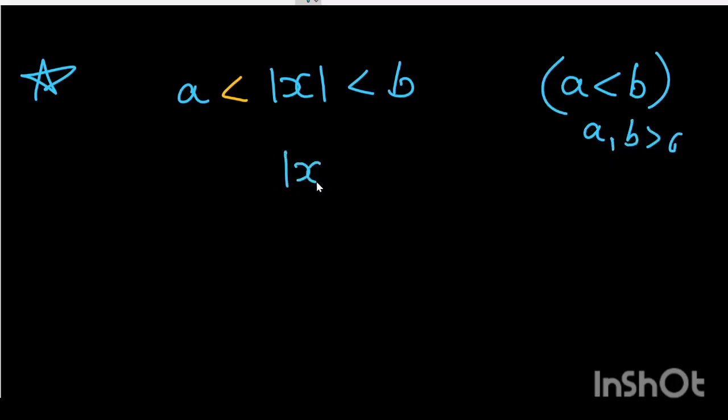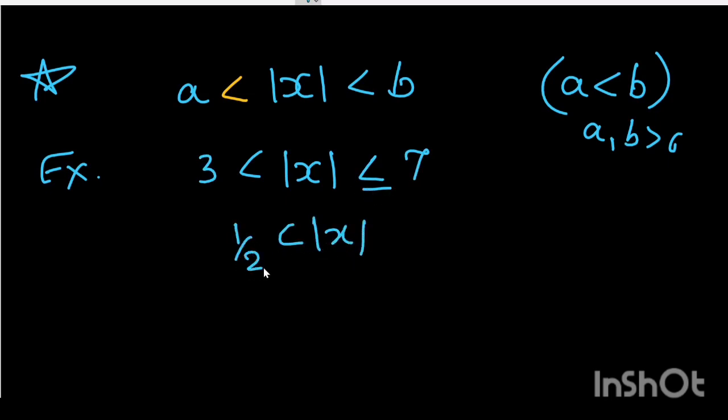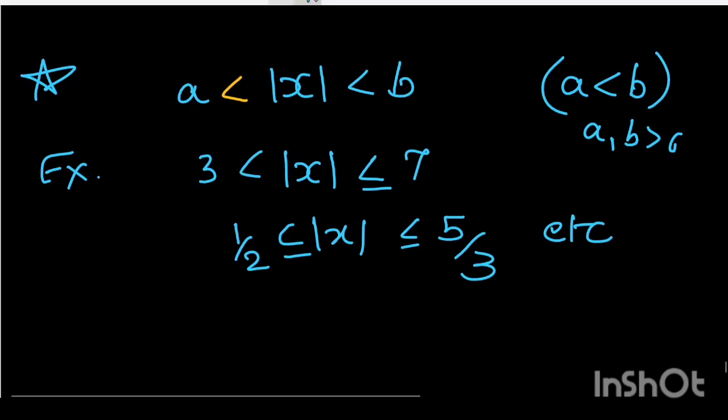For example, if they ask what is the solution of mod x between 3 to 7, mod x between 1 by 2 to 5 by 3, and so on, these kind of questions where mod x is sandwiched between greater and less than signs. So this kind of modulus inequality, if we encounter, how do we deal with it?